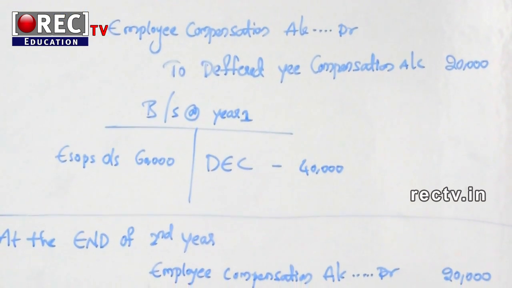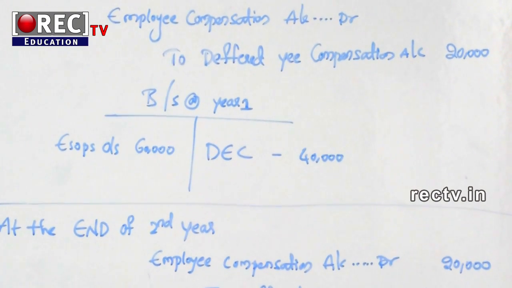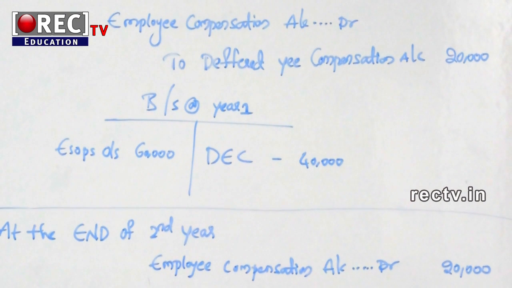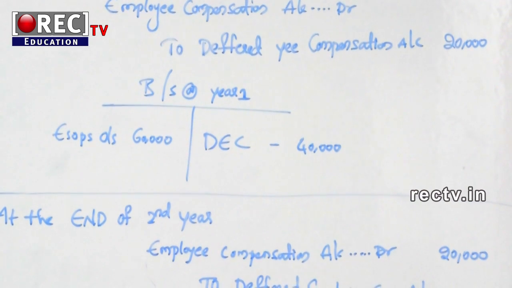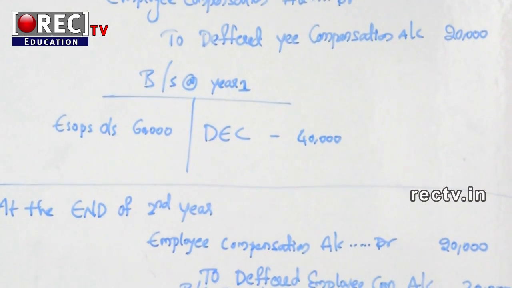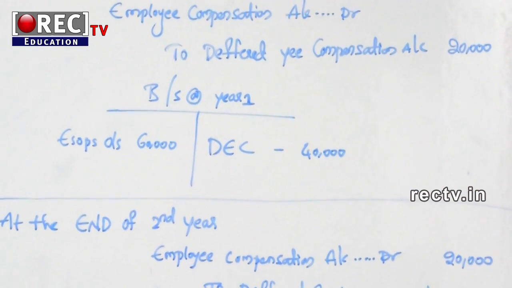After completing this transaction, at the first year end, the balance sheet shows ESOPs outstanding account 60,000 and the asset side deferred employee compensation account shows 40,000, that is 60,000 minus 20,000. This year you wrote off 20,000 to the P&L account. That is the reason the deferred employee compensation account shows 40,000.